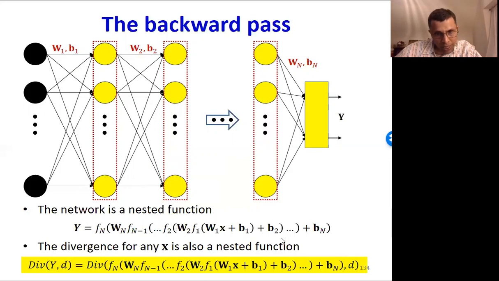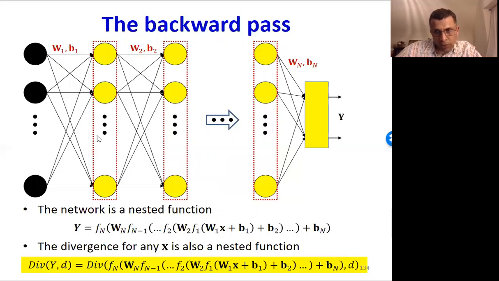Then we compute an affine function of the outputs of this layer. Then we apply the second activation to this affine function, and continue this sequence of operations until we get the output of the final layer. So this is a nested sequence of operations.